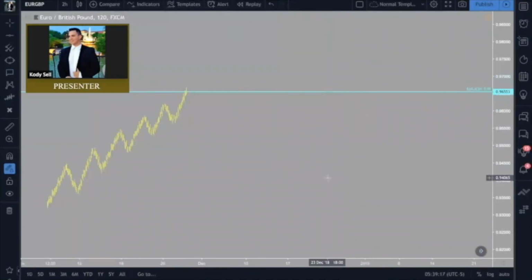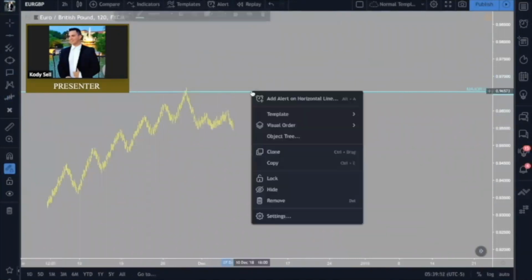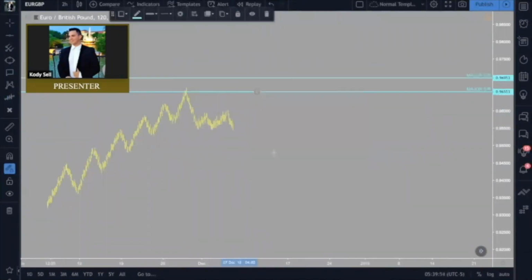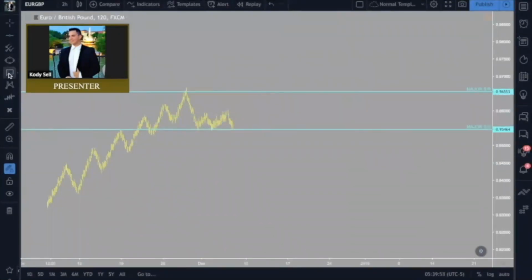What would we expect to happen? Well, we would expect the price will hold and be rejected back down, perhaps to a support level. So we will mark another level down here, and we will call this one our support.